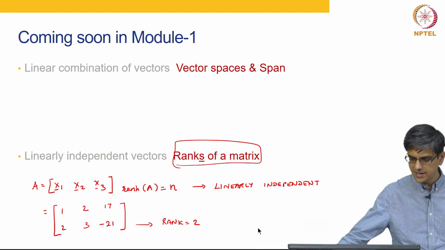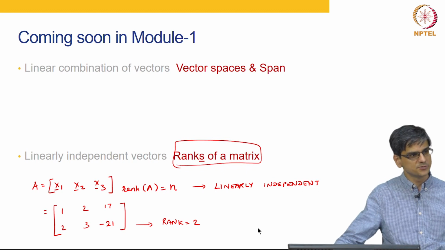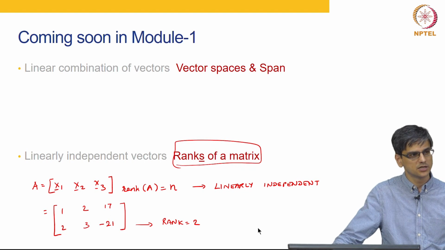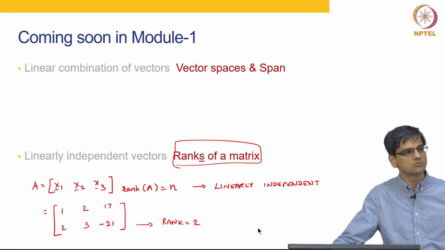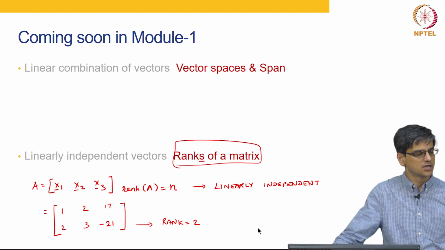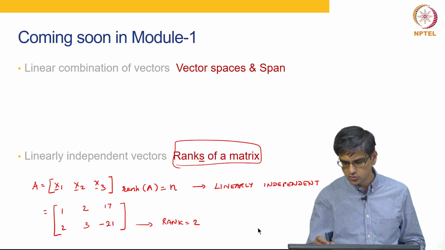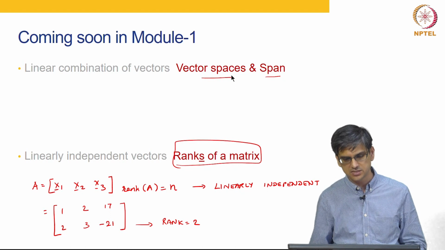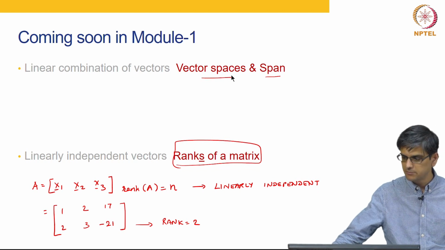Now, where does the difference between a row rank and a column rank feature in? We will come to that in week 1. Just to give you an idea, it will feature in figuring out whether these are the maximum number of linearly independent vectors, and therefore what is going to be the span of those vectors. And that brings me to the next concept, vector spaces and span. We will formally define vector spaces and span next week, but we will talk about the span of vectors.